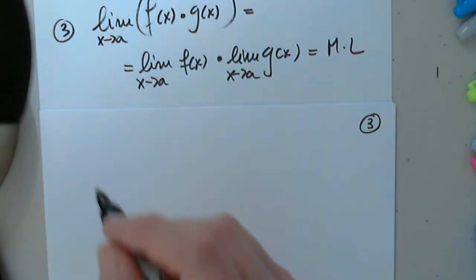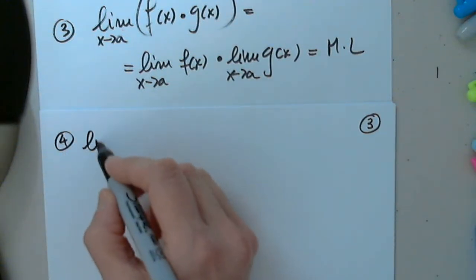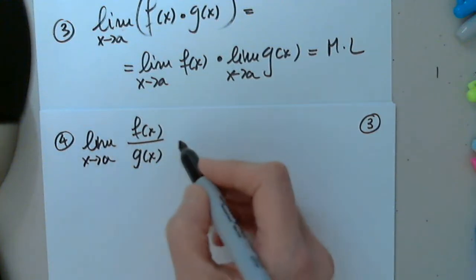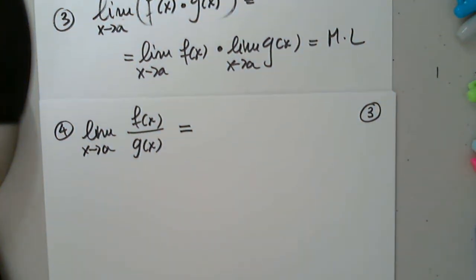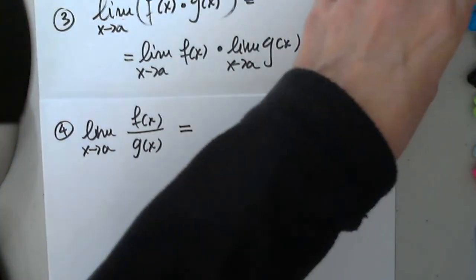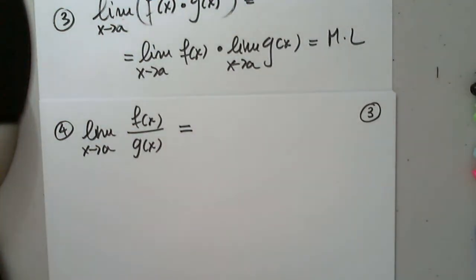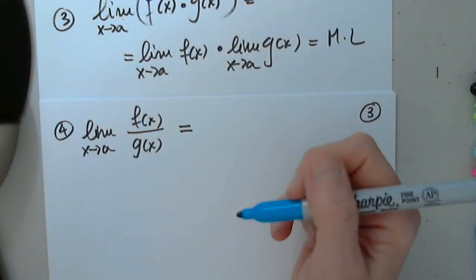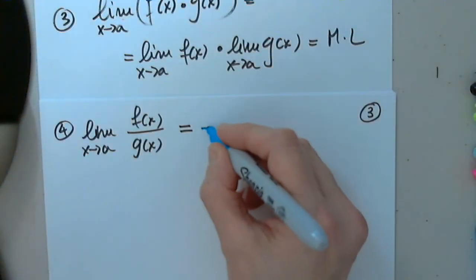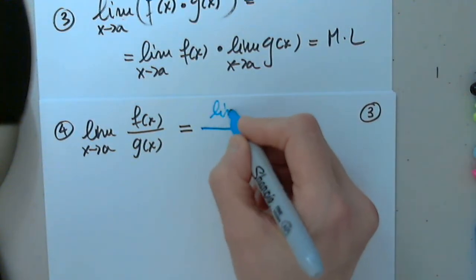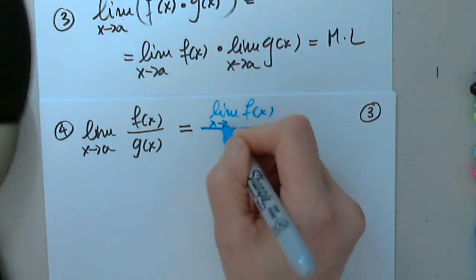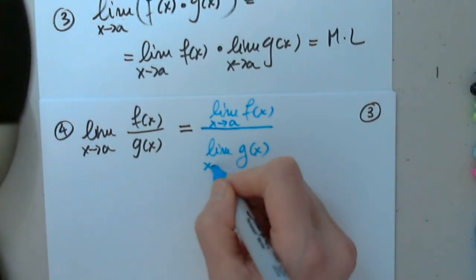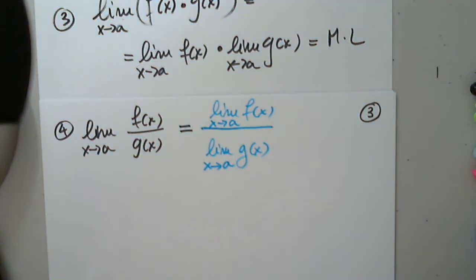Okay, number 4. Of course, the limit of f of x divided by g of x as x approaches a. Another educated guess from anyone. The limit of f of x as x approaches a over the limit of g of x as x approaches a.